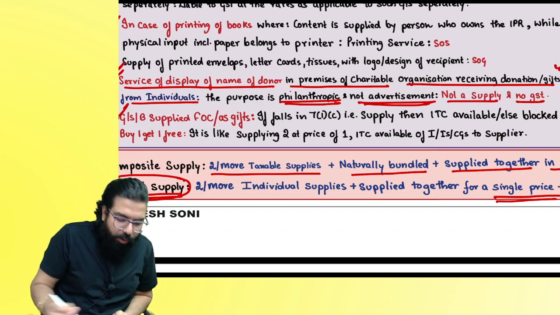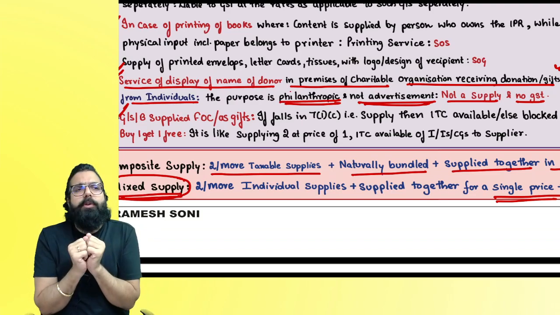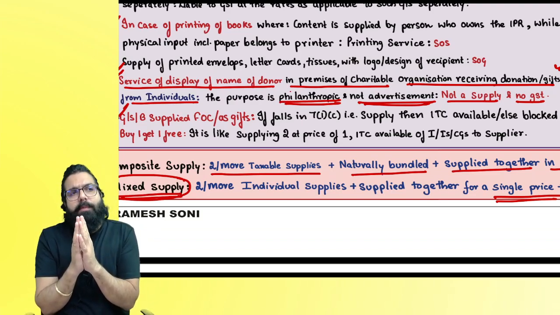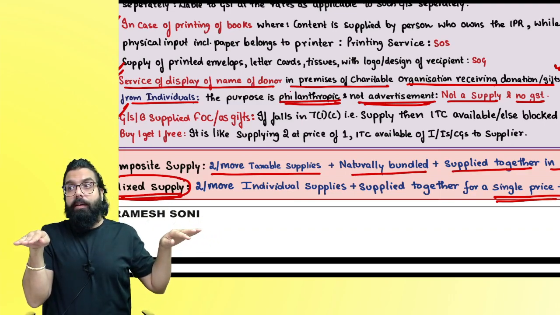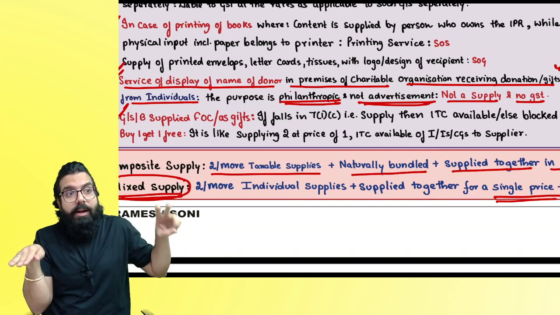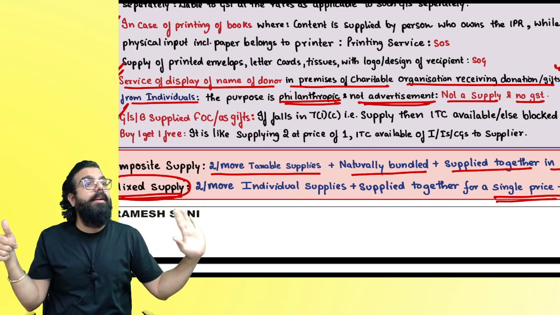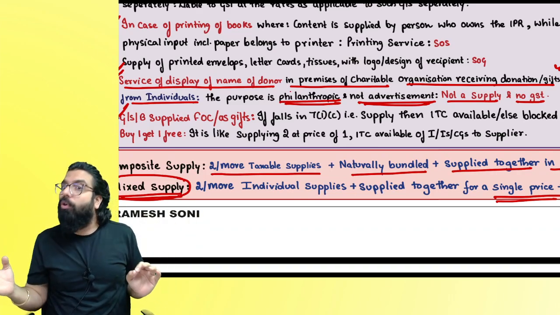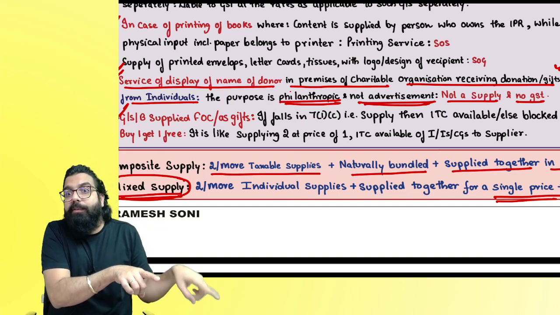The last circular over here is gifts given. Supposing I bought a shirt and gave the shirt free of cost. It is a permanent transfer of a business asset on which I had taken the ITC, so it will be considered as supply. I bought cloth, and out of the cloth I made a shirt and gave the shirt free.